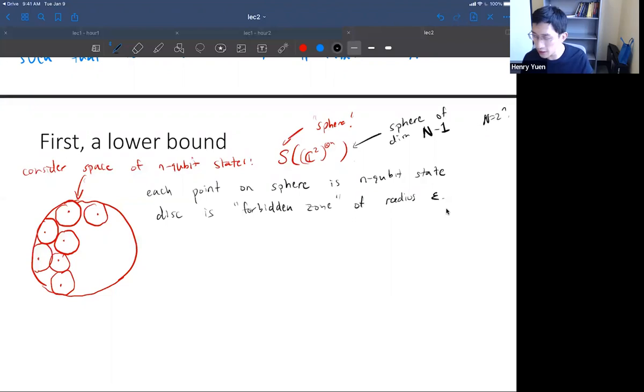Yeah, let's just do the calculation. And you're right, we're not talking about volume, but technically surface area, though it's kind of like some volume. You want to look at the surface area of the bigger sphere and the surface area of the smaller disks and just take the ratio. And then you get a lower bound.